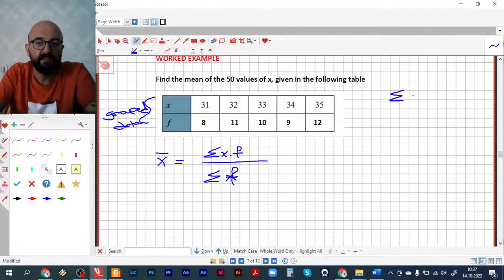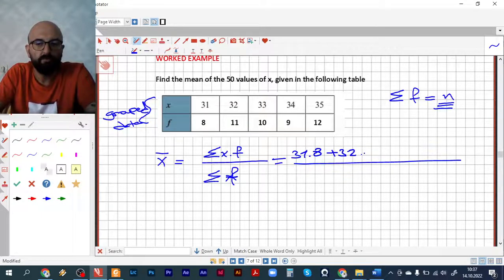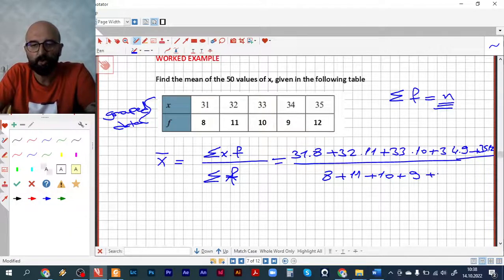The sum of frequency means the number of data. So our mean is 31 times 8 plus 32 times 11 plus 33 times 10 plus 34 times 9 plus 35 times 12, over the number of values, 8 plus 11 plus 10 plus 9 plus 12.